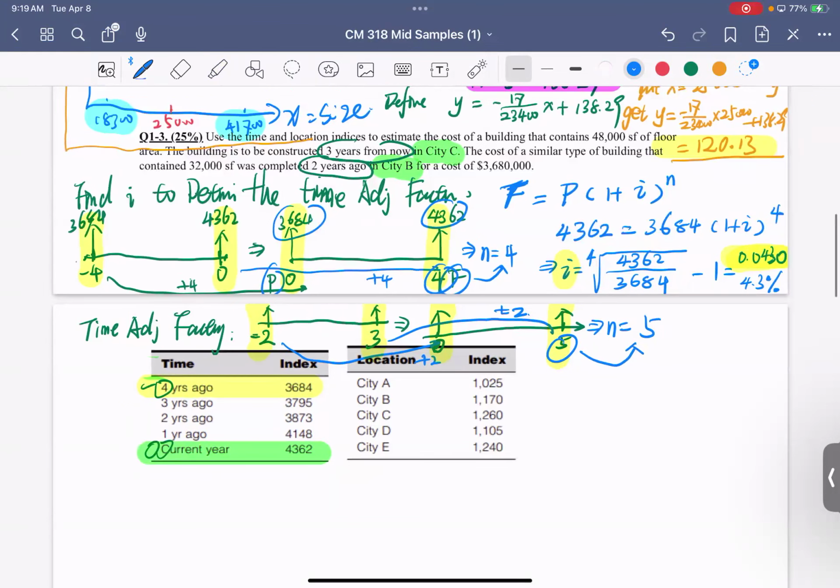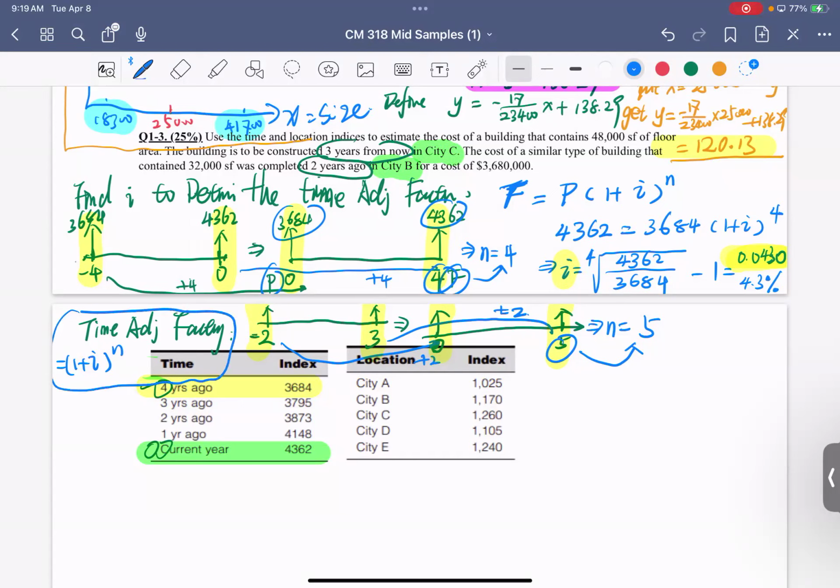Now we can find the time adjustment, which is equal to 1 plus I to the power of n. So the time adjustment is equal to 1 plus 4.3 percent to the power of 5.